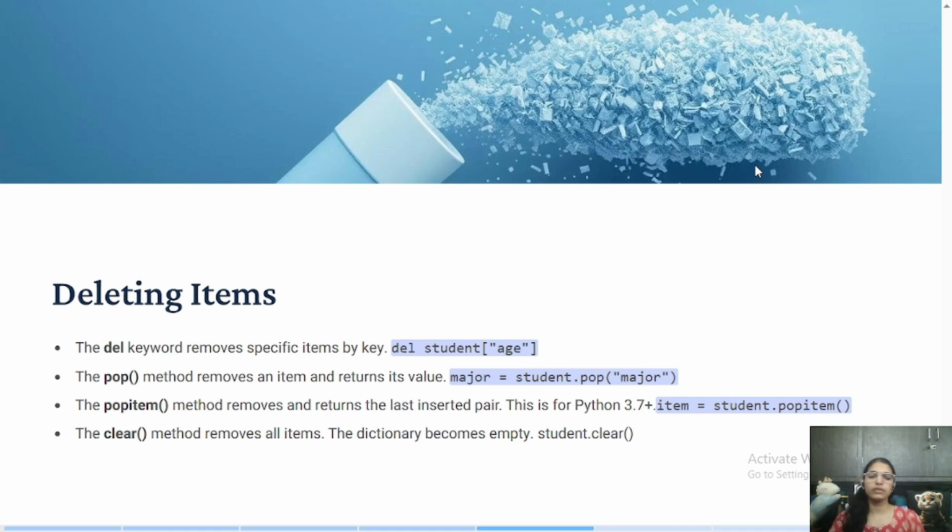Pop removes an item and returns its value from the dictionary. So you can remove individual entries or you can clear the whole dictionary. Options include using specific removal methods or generic clear operations, depending on whether you want to delete an item or reset everything. And here the clear method clears the whole dictionary, whatever elements it contains.